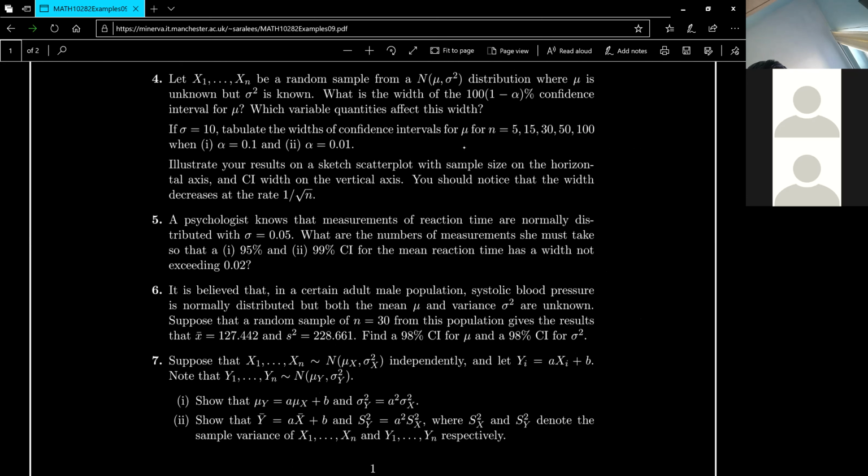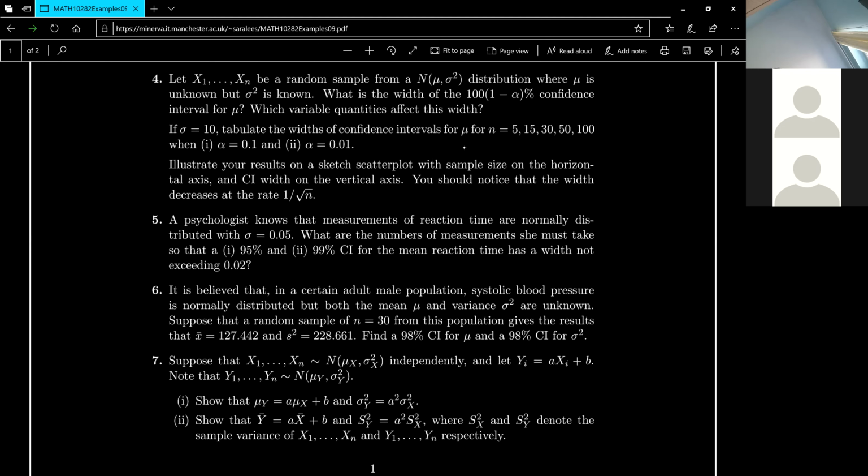So here you have a male population, and the blood pressure is normally distributed with mean mu and variance sigma squared unknown. Suppose you have a random sample of 30 with x bar equal to 127.442 and sample variance equal to 228.661.